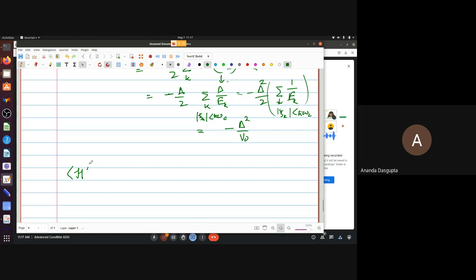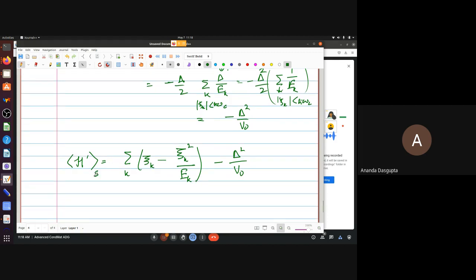You get the expectation of h prime is actually the sum over all k of psi k, that's a single particle contribution, psi k into 1 minus psi k by ek minus delta square by V. So this is our expectation value for h prime.